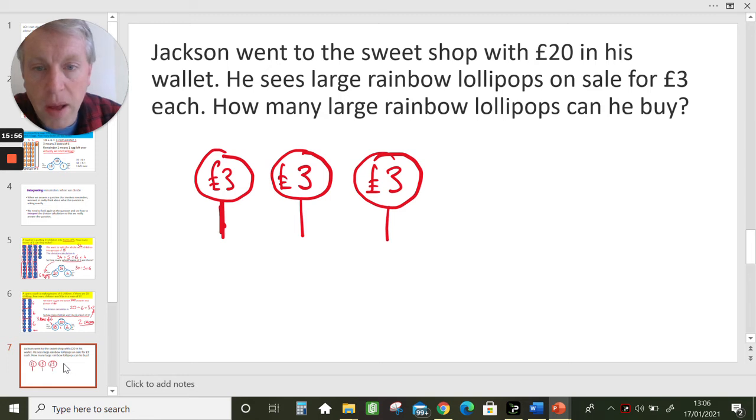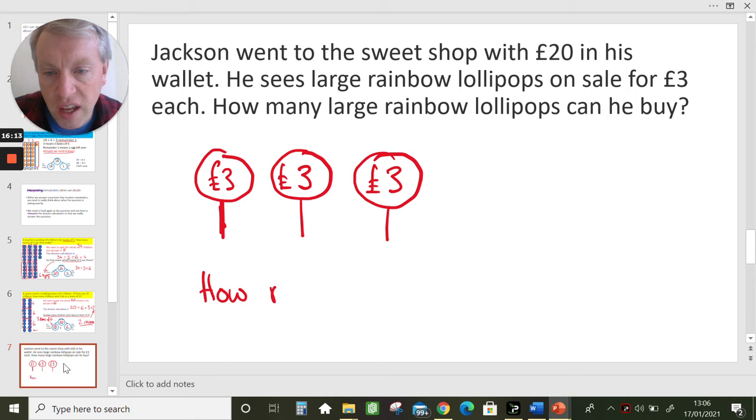And another is £3. I think we'd better use the 3 times table, because it's how many threes? How many threes in 20? Can you see? That's really the question we're asking ourselves.